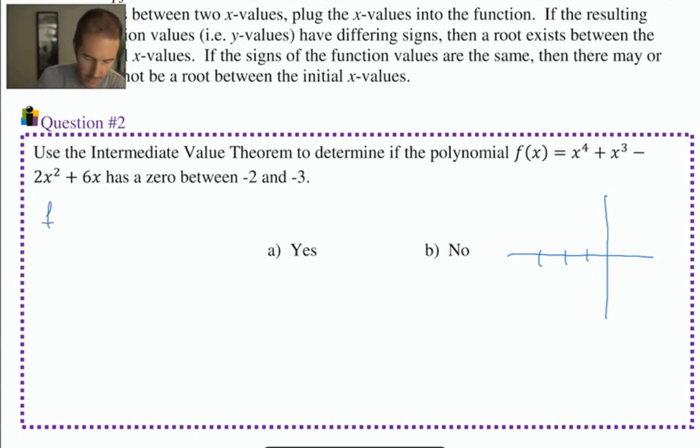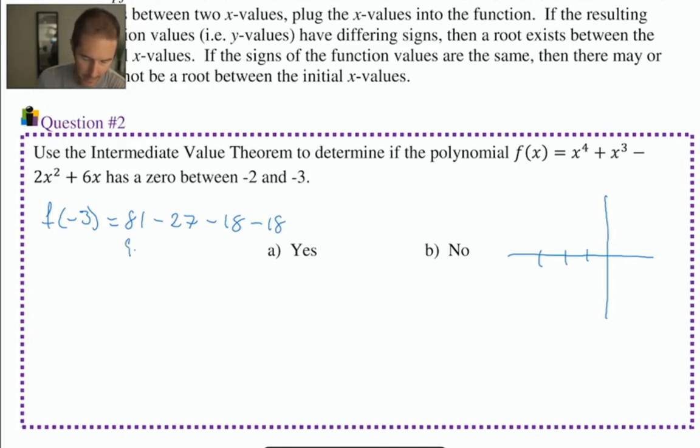I'm going to find f of -3 first. Yuck. That's 81 minus 27 minus 18 minus 18 again. All of those are divisible by 9.